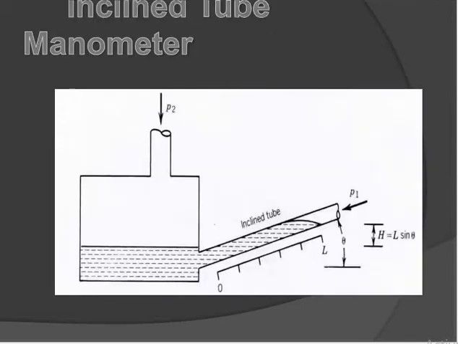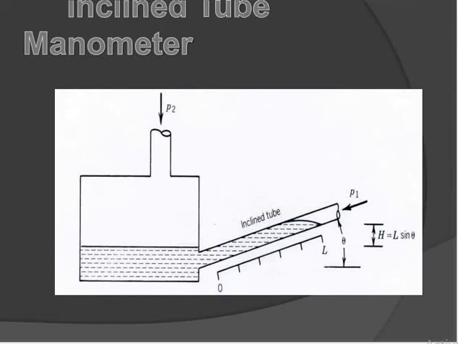Now you can see clearly, I am showing the inclined tube manometer. In the inclined tube manometer, one vessel is there, and over there I arranged one pipe. In that pipe P1 pressure is acting, and the bottom side of the tube is connected to the vessel. The height I took as h is equal to L sin theta.